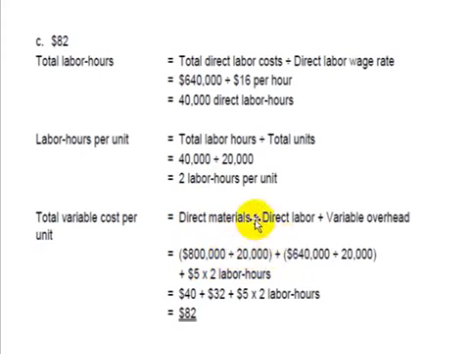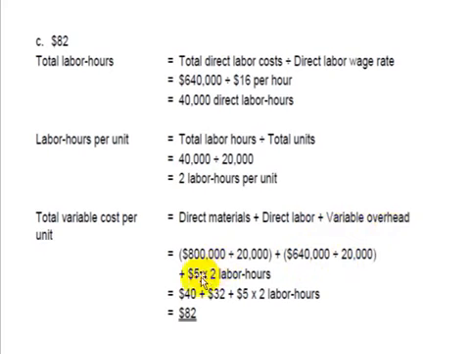The same for direct labor: total direct labor cost 640,000 divided by 20,000 units.